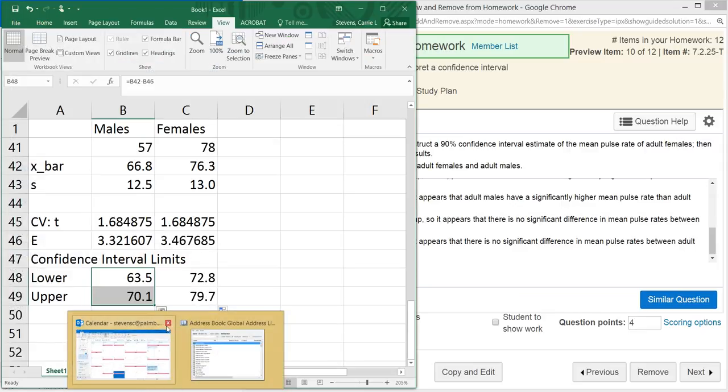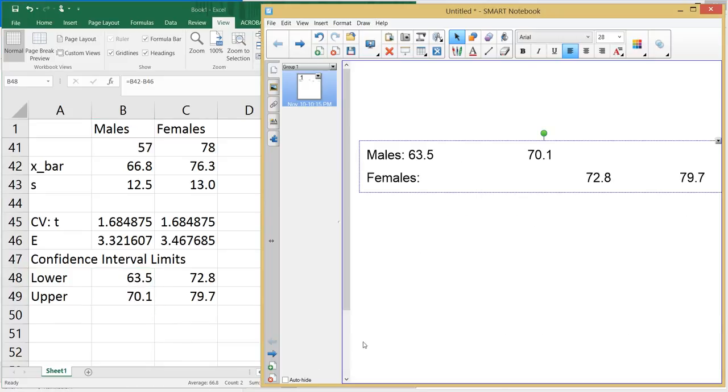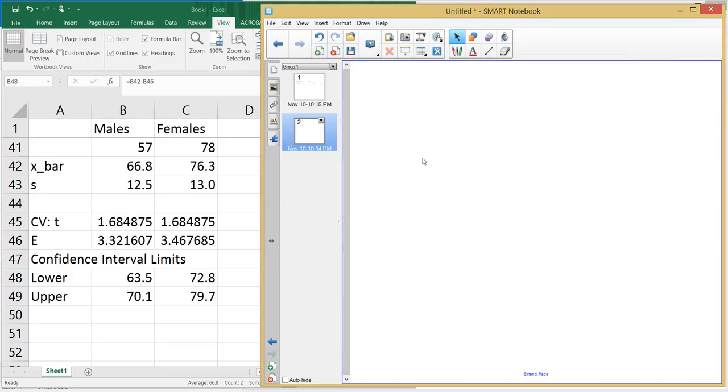I also was going to write out this calculation here for those of us who feel a little freaked out by watching the spreadsheet business. Remember the E formula, well, actually I could start a little bit further back. Remember that a confidence interval is always the point estimate, which is the sample statistic.